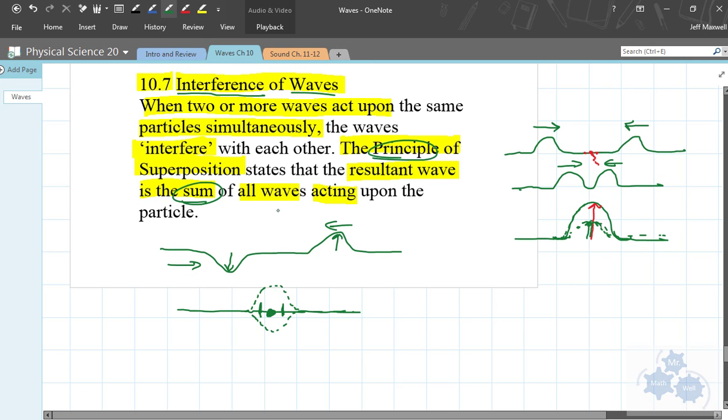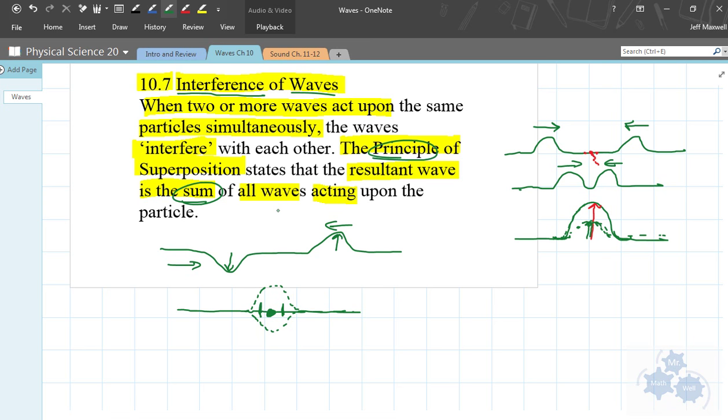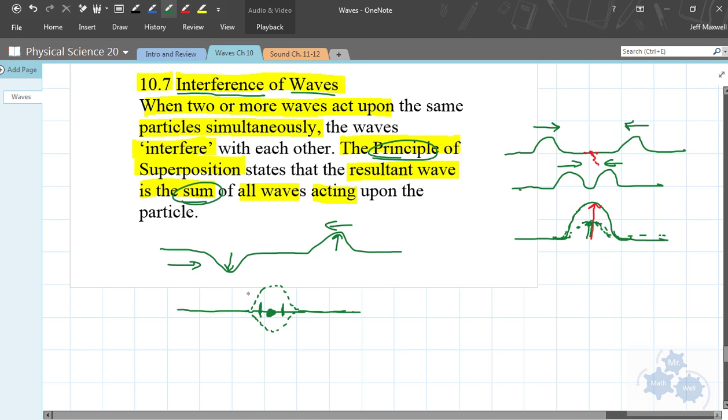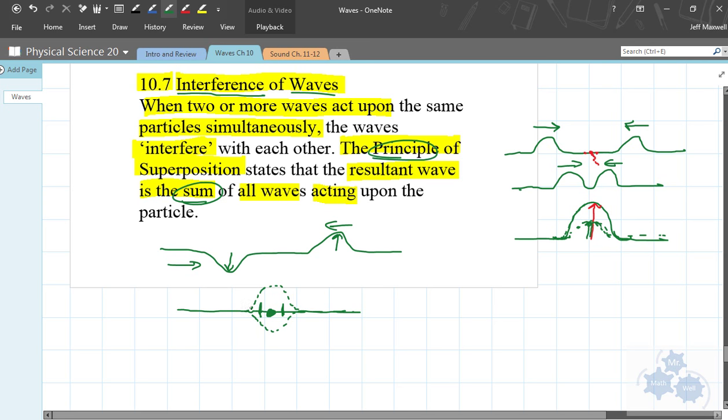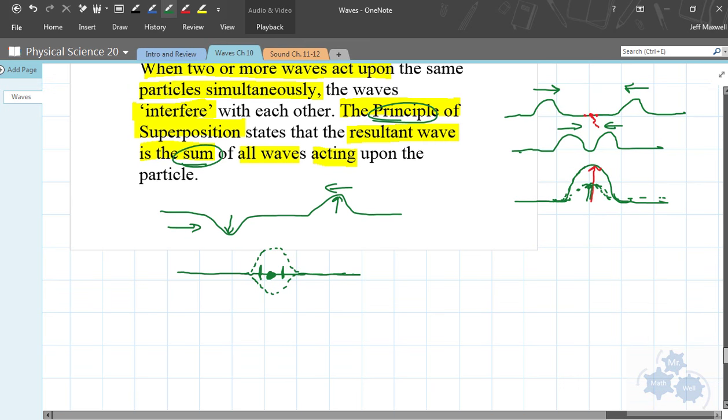If you took a video of this, and maybe next time I'll get you guys to take videos of this so you can slow it down and look at it, and maybe we'll look at a video here in a bit, you would have seen that at the exact instant the waves pass, there would be a point in the middle that wouldn't move at all, because they would be exactly canceling each other out. And actually, there would be an instant where the slinky would be straight, but it would only happen for a fraction of a second.